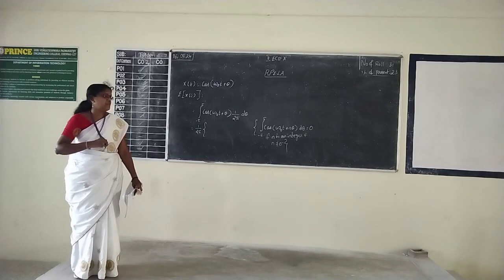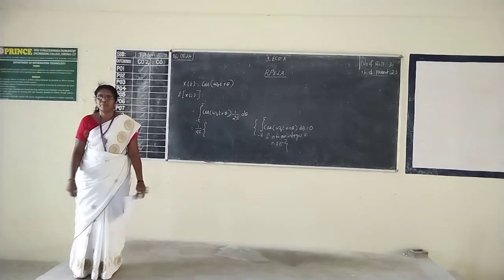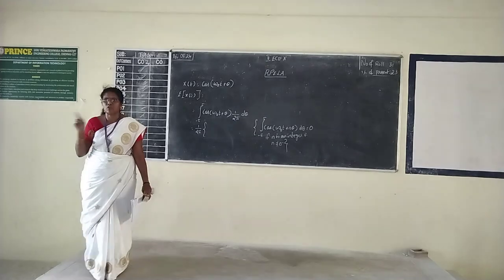If n is a fraction, like theta by 2 or theta by 3, you should not make use of this formula.